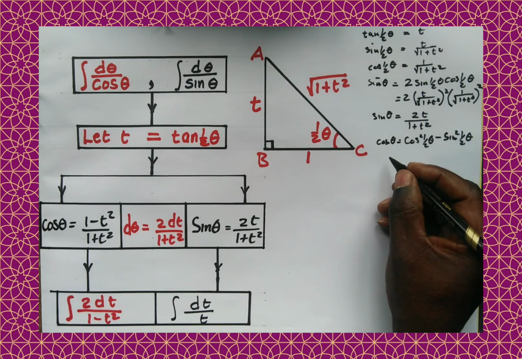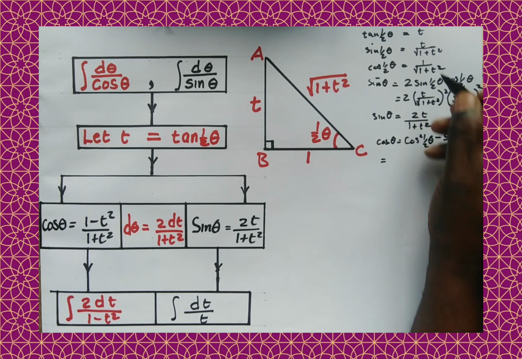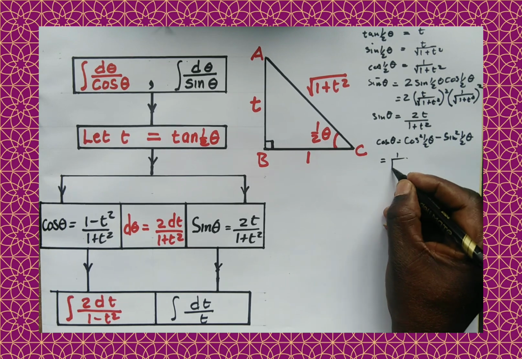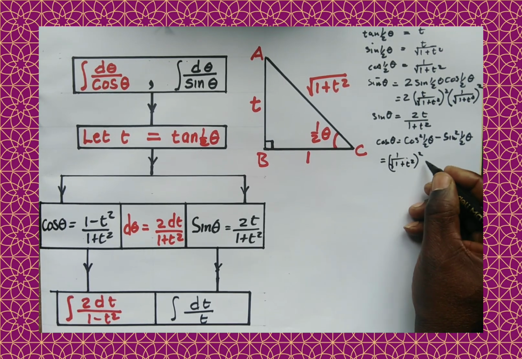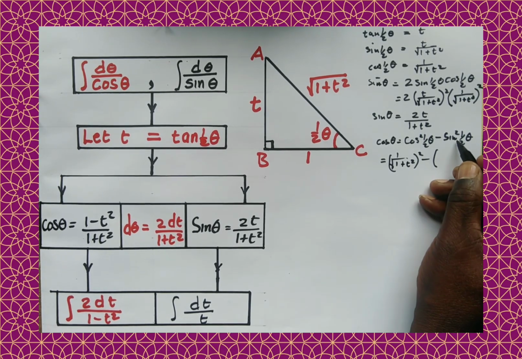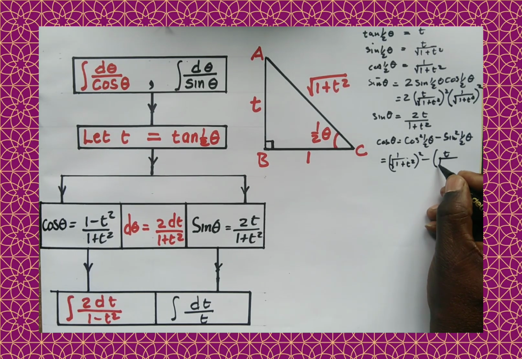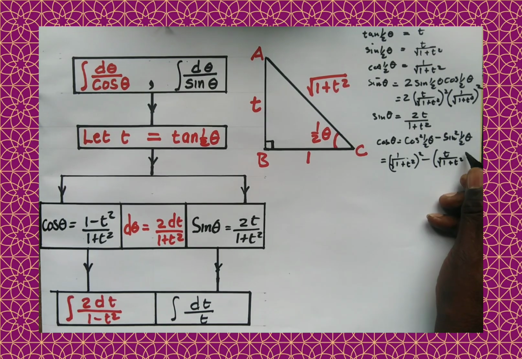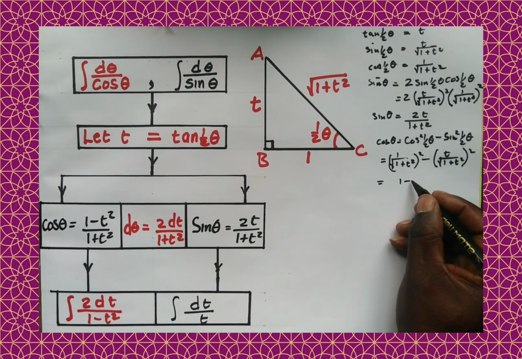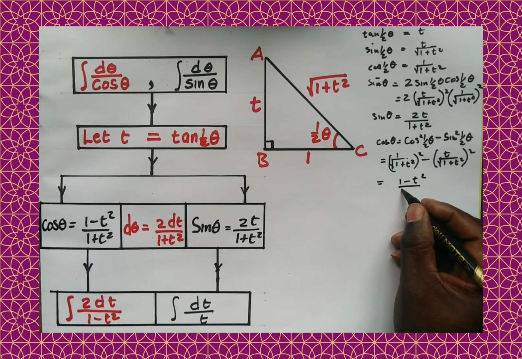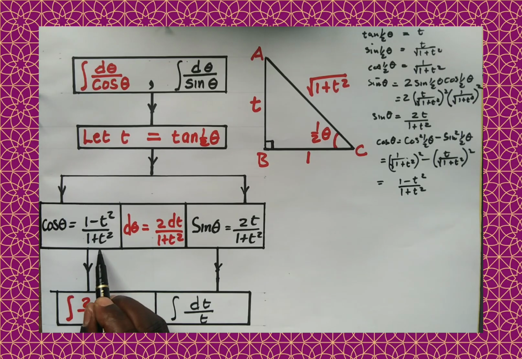Plugging in our formulas here, cosine half of theta is 1 over the square root of 1 plus T squared, all squared, minus brackets, sine squared is T over the square root of 1 plus T squared, all squared. And this simplifies to 1 minus T squared over 1 plus T squared. That's what we have here.